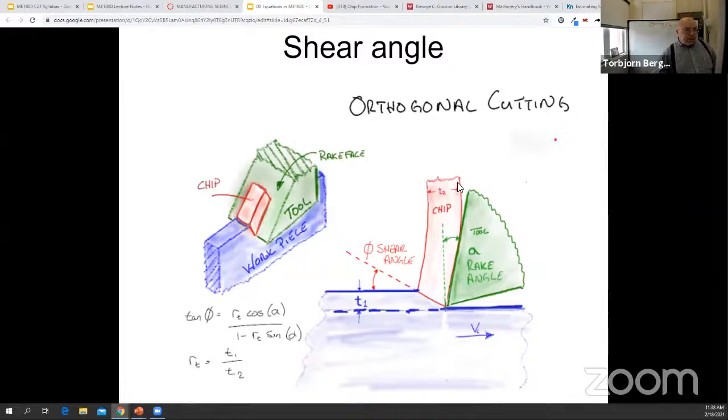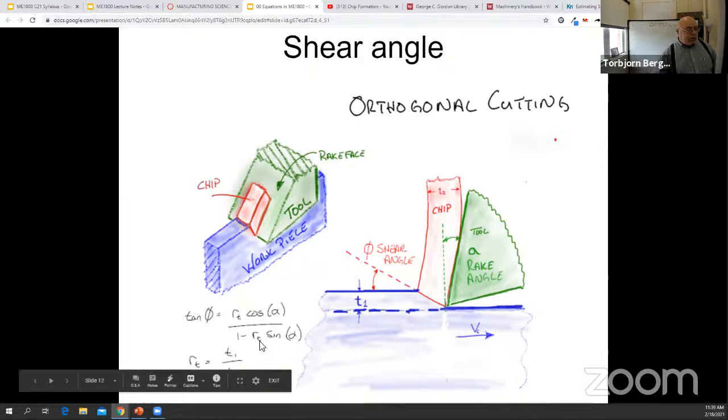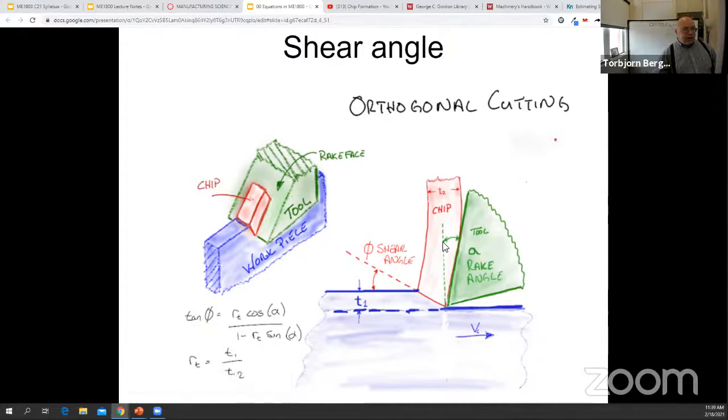As the chip slides along here, this always lines up in a plane that cuts through the chip. The angle that that plane makes depends on the ratio of the uncut chip thickness and the rake angle. And so you can actually prove this with the geometry.